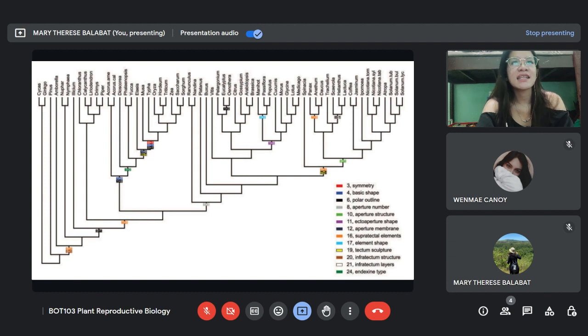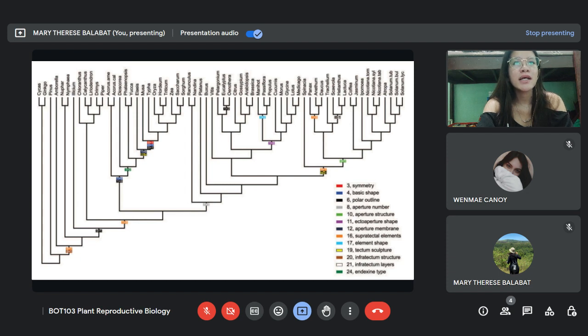The Musa and the Typha, Typha is the Poales. Also, both shape to globose pollen in character 4, and elliptic to circular pollen in polar outline, color black. So, 3 characters which are not of course independent.